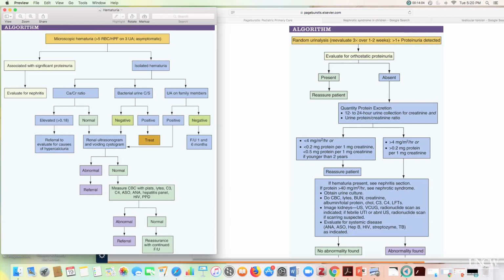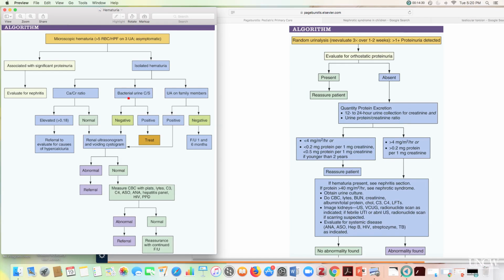So this really good algorithm will tell you, do they have isolated hematuria? You may want to check a calcium creatinine ratio. You may want to get a bacterial urine culture. And you will talk to them about their family members. But these things will depend on the history. If the kid does not have any complaints of a urinary tract infection, that's your provider discretion to say, okay, we're probably not going to go that route.